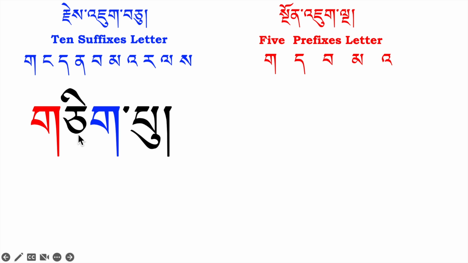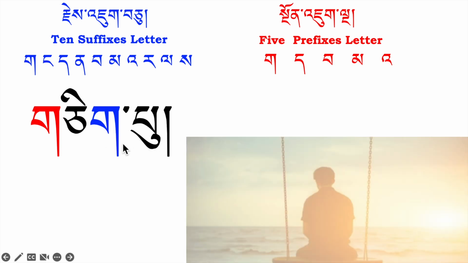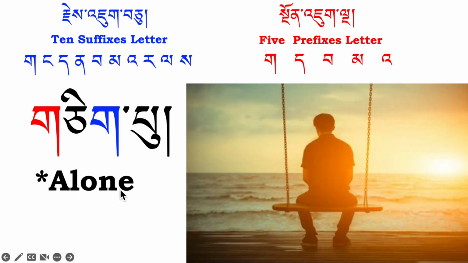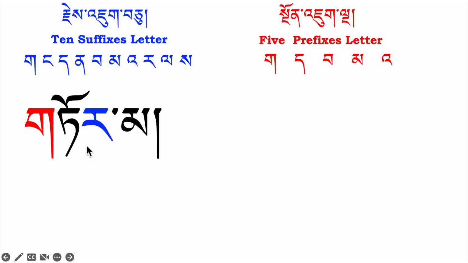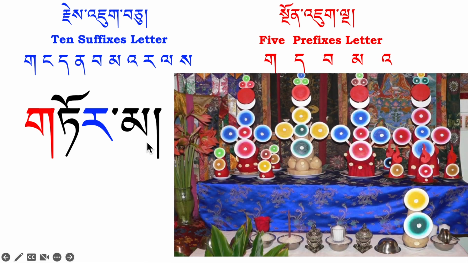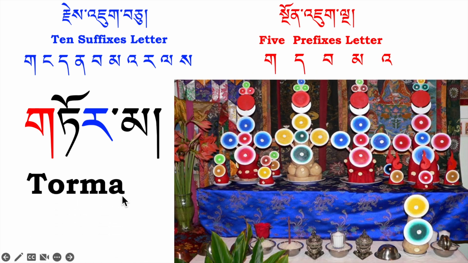Okay, so how we pronounce it: kao, cha, kigu, chi, ka chik, pa shabju pu, chikpu. What is the meaning of chikpu? The meaning is alone or single. Chikpu. Next one, kao ta naro to, ra, tor, ma, torma. Torma means dough offerings of various shapes or colors.